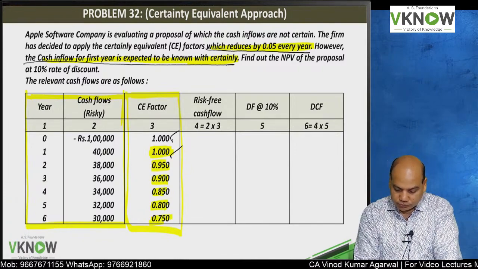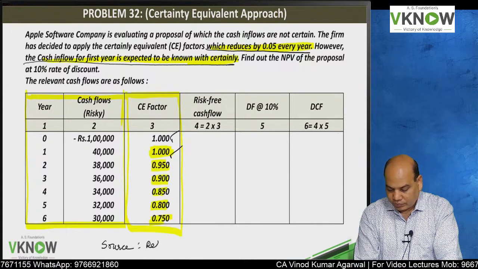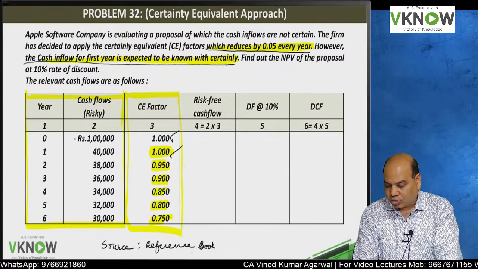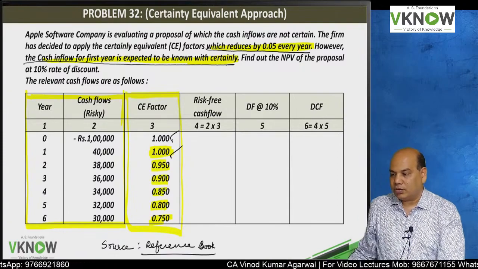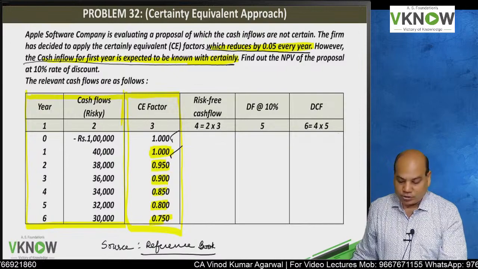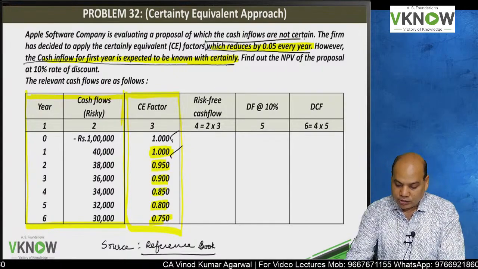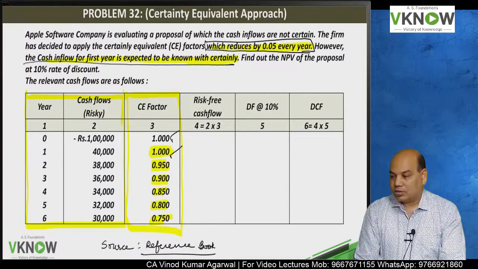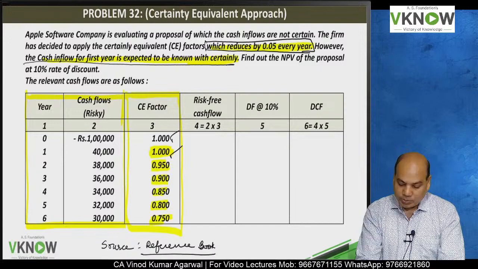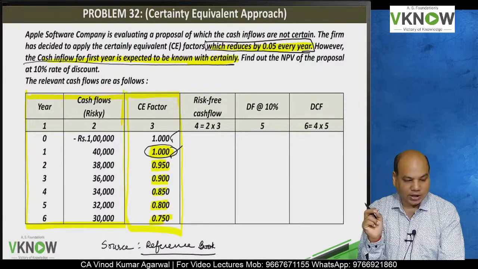Okay. Write down source of this question, reference book. Not in any of the institute publication. We have to really work hard to find out a variety of questions for you, because what is new in this question is this line, that CEC reduces by 0.05 every year, but the first year CEC will be 1 because it is certain cash flow.